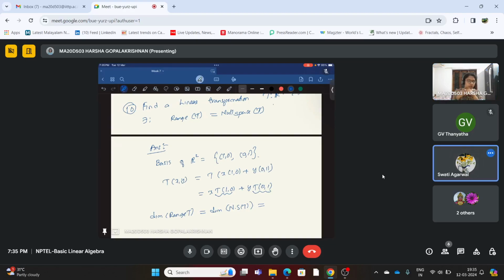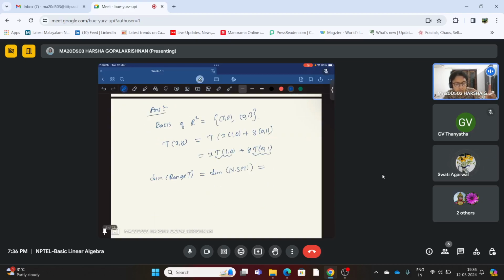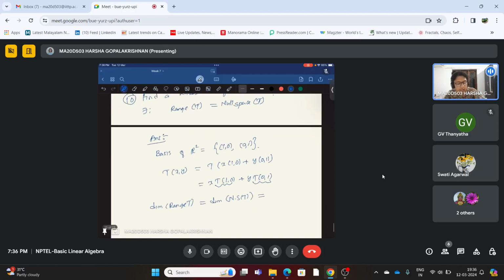Suppose the range is R2 itself, then its dimension is 2. That means the dimension of the null space is also 2.